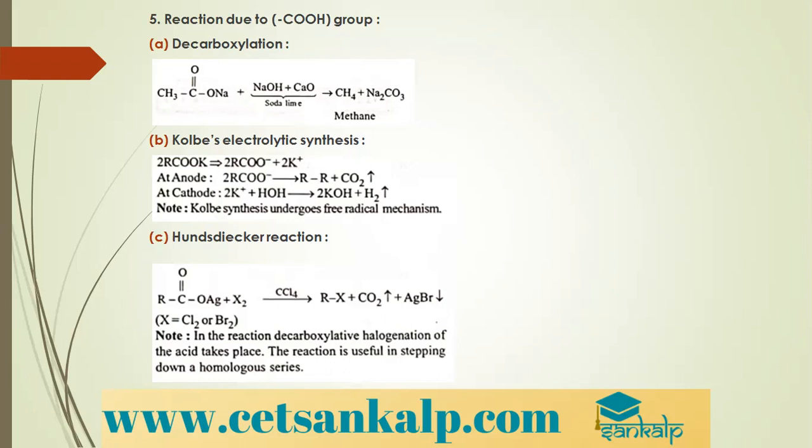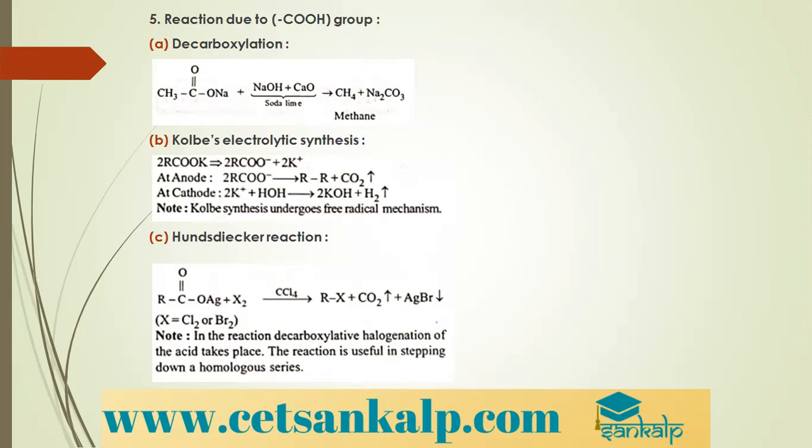Then Kolbe's electrolytic synthesis. When the sodium or potassium salt of carboxylic acid is subjected to electrolysis, whenever we speak about electrolysis, we have a cathode and anode. At the anode, oxidation takes place; at the cathode, reduction takes place. So we get higher alkanes, that is, alkanes containing double the number of carbon atoms.